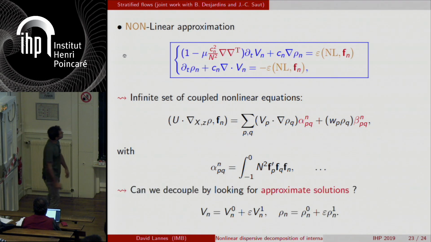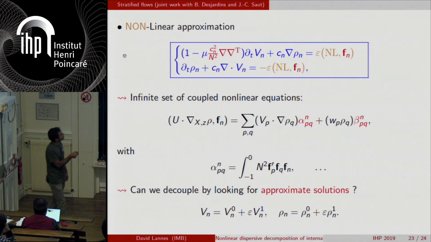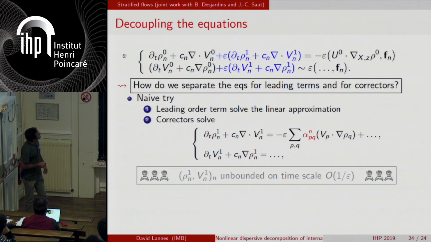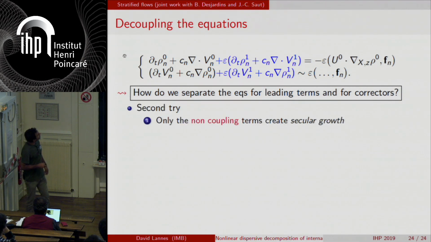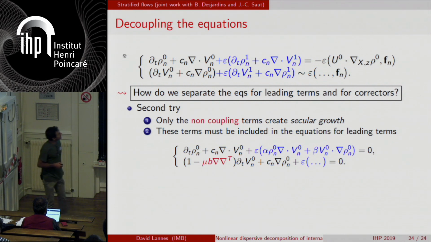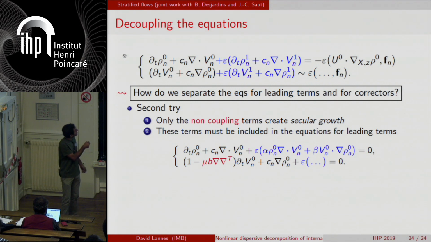But the good thing is that you still can decouple the equations by just remarking that the contribution of the coupling term can be discarded, in the sense that the different modes essentially travel at different speeds, so they separate from each other.